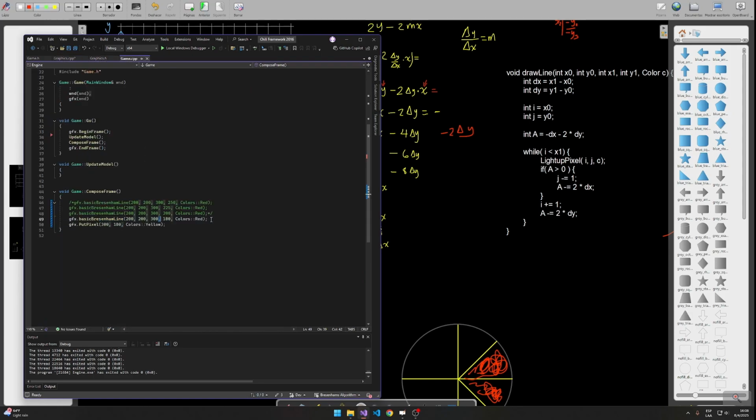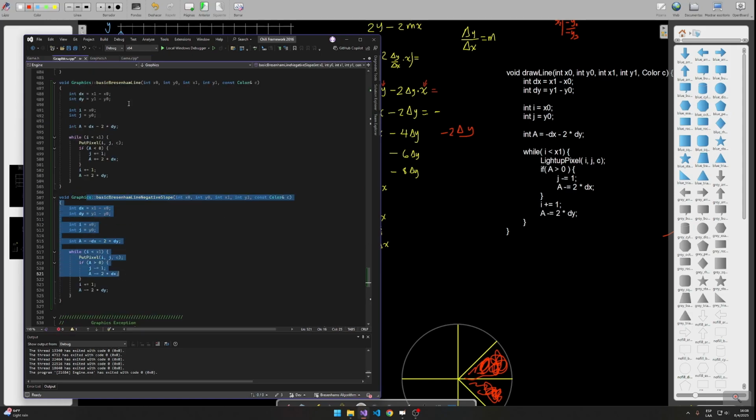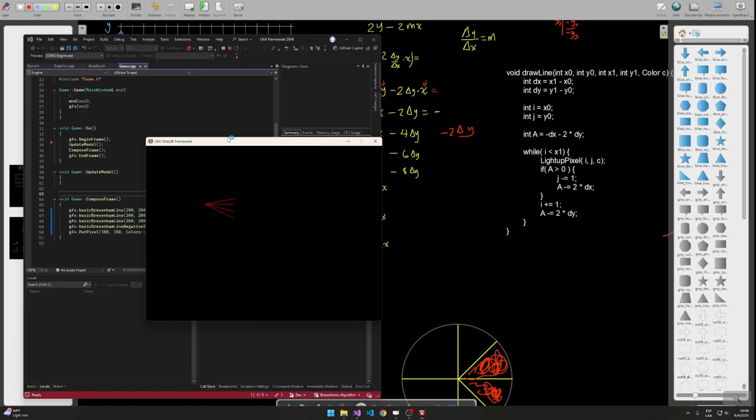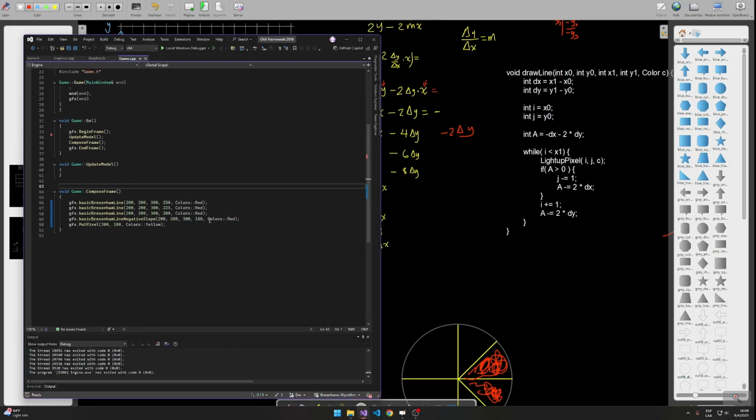And let's just draw our lines. But now let's draw this one with negative slope, with this method that we just created. And now we can see that we can draw on this side of the circle, or the Cartesian plane.